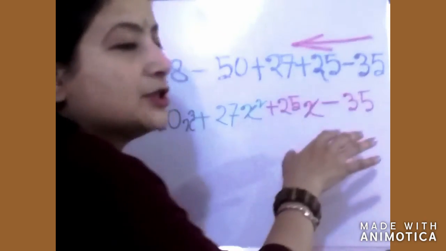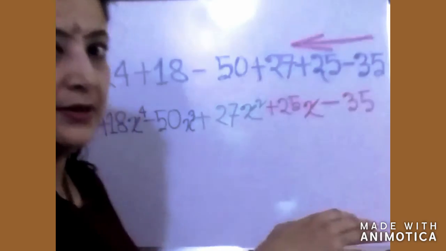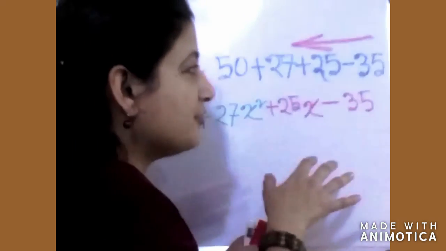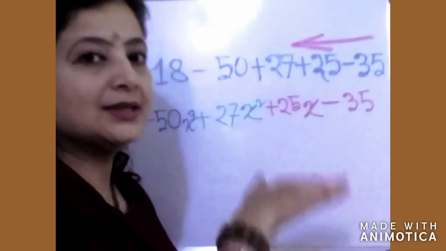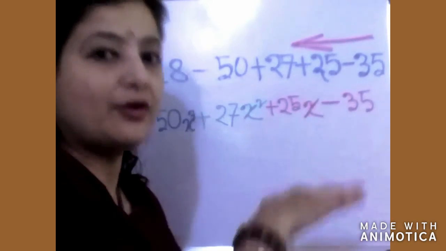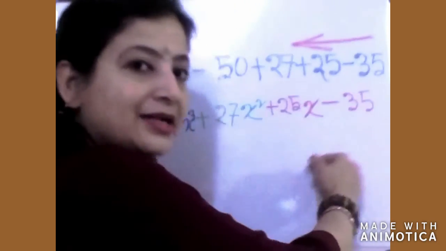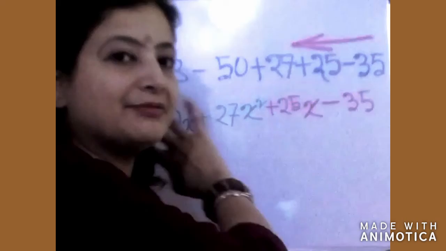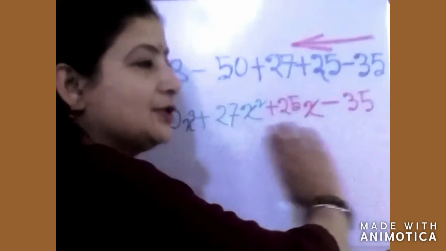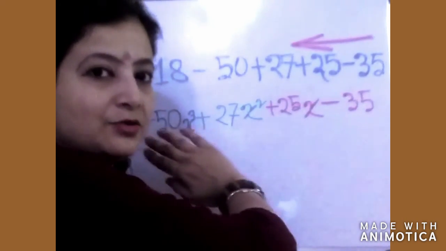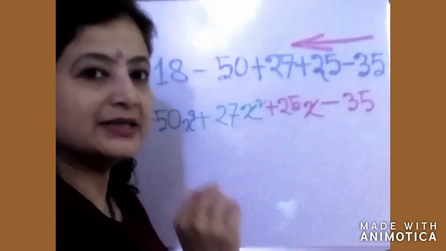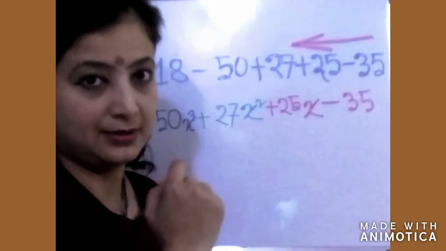But after the calculation of the coefficients, we will rejoin the variables with the coefficients from the right side and move to the left side, and each time we move toward the left, we increase the power of the variable by 1.